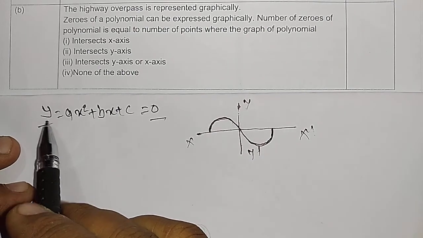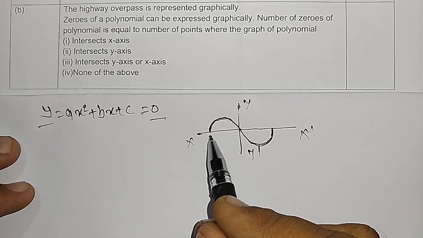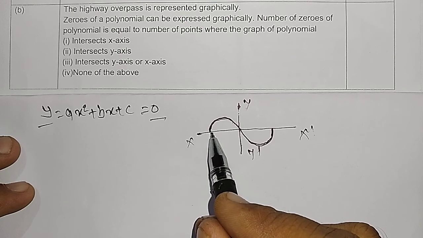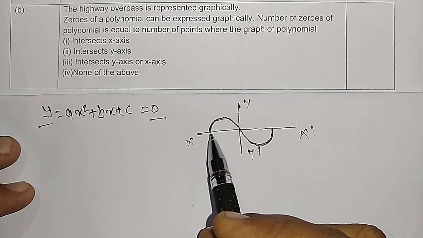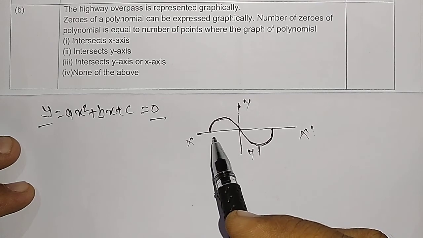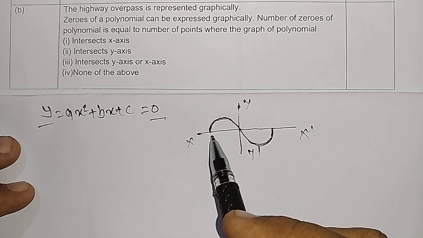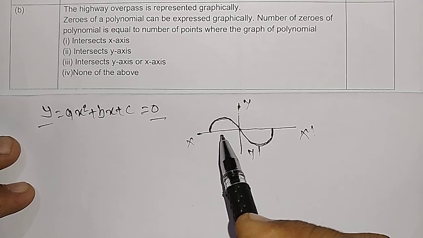Here the y coordinate is 0. So whenever this graph cuts the x-axis, the value of y should be 0, and the value of x is known as its zero. So zeros of a polynomial are basically the values of x obtained graphically whenever the graph cuts the x-axis.